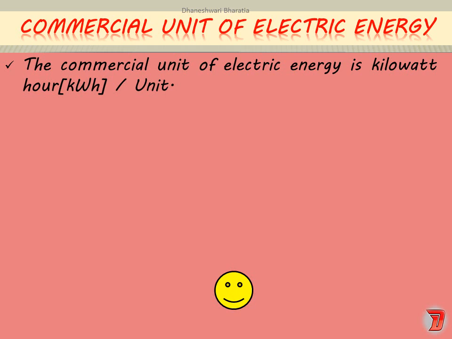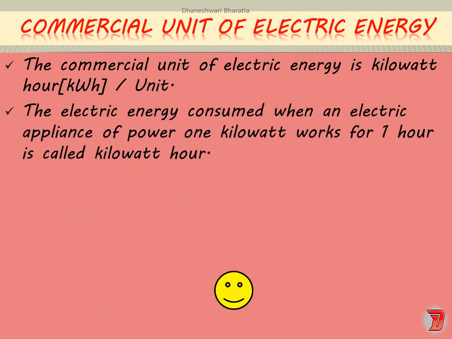If in a sum it is given as 1 unit, it means 1 kilowatt hour. Have you understood? If it is 2 units, then it will be 2 kilowatt hour. Understood? The electric energy consumed when an electric appliance of power 1 kilowatt works for 1 hour is called kilowatt hour. Please remember the definition.